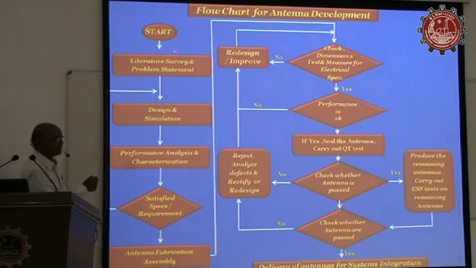So to meet this requirement, what are the different types of antennas you have to see? Then you have to define the problem statement. What is your beamwidth? What is the frequency of operation? What is the gain? You define. Then you design. Going through published papers or from books, you can design. Then go for simulation.